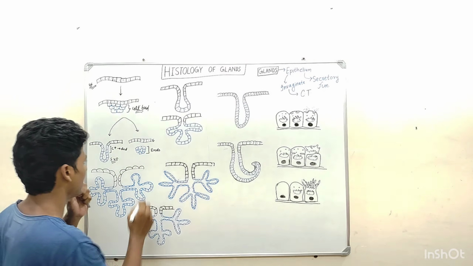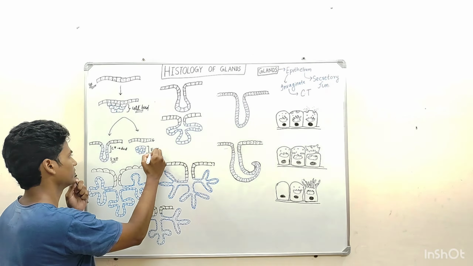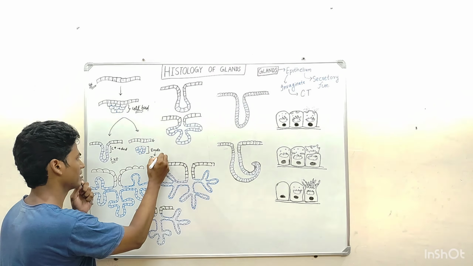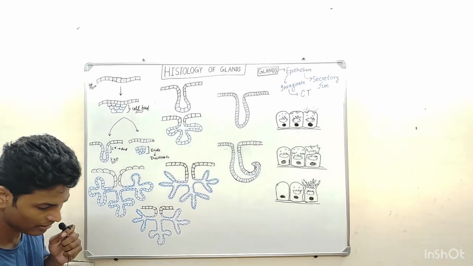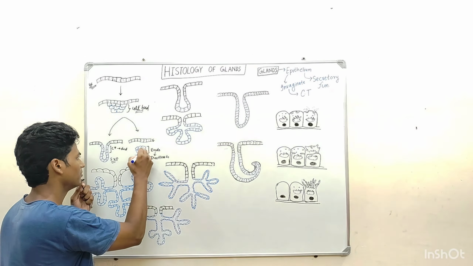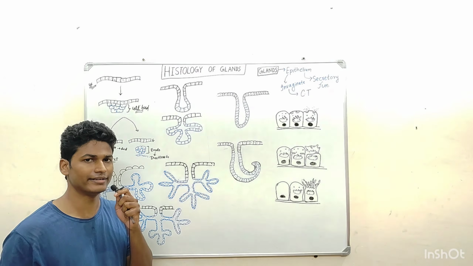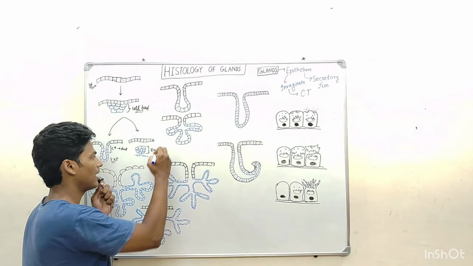But in an endocrine gland there is no conducting part, so that's why the endocrine gland is also called a ductless gland. And the endocrine glands are in close contact with blood vessels because they release their secretion directly into the blood. That's why endocrine glands are highly vascular.